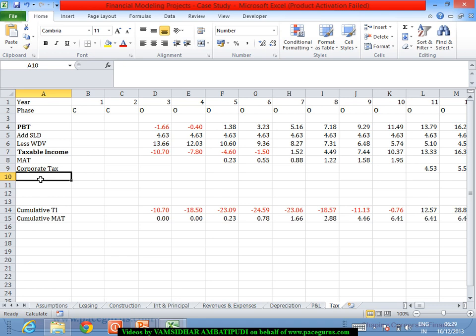Though I have created the MAT as my expense, because I am turning profitable, I need to claim the MAT credit, which is an adjustment for the tax that I have paid in the earlier years, though my taxable income was negative.